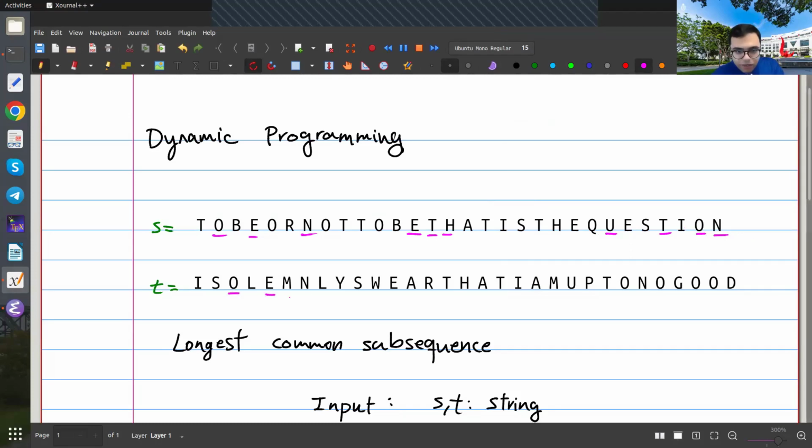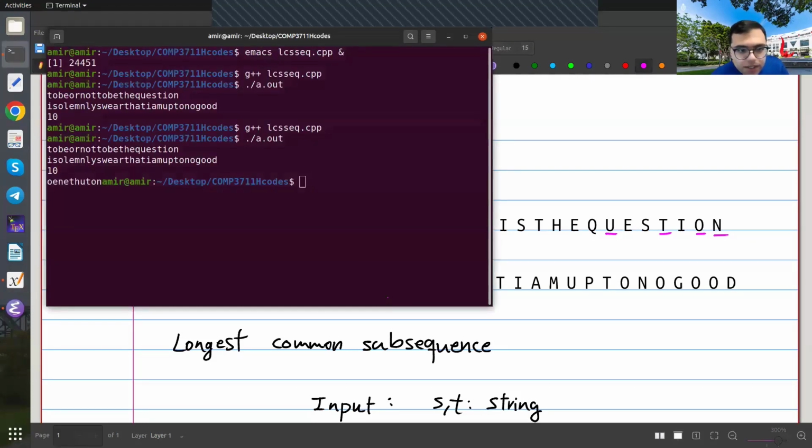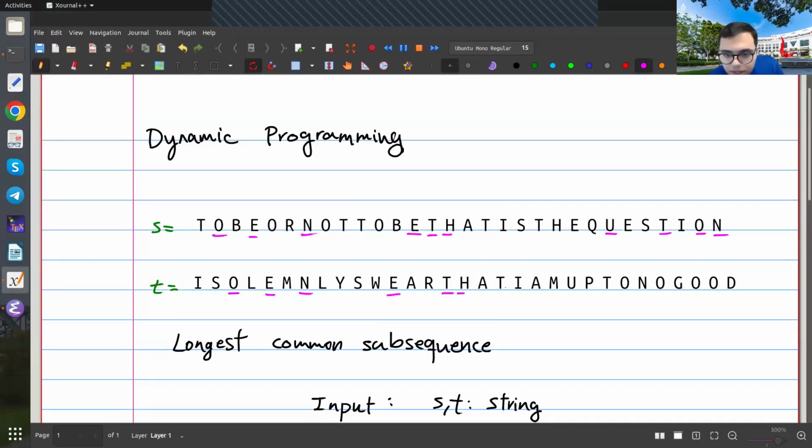And here I have O-E-N-E-T-H-U-T-O-N. Okay, so the thing that it found is definitely a common subsequence of both of them. Hopefully, if we don't have a bug, it's also the longest common subsequence.